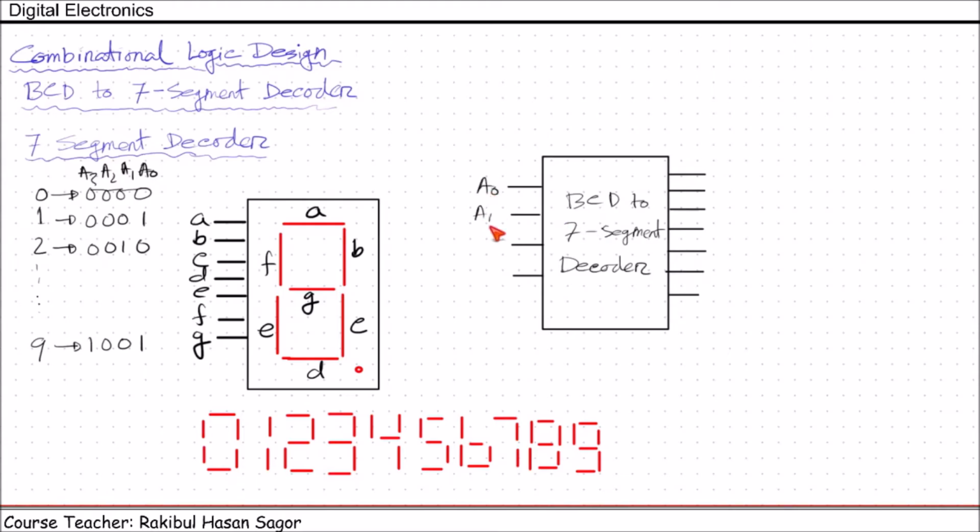Inputs are A0, A1, A2, A3. Outputs are A, B, C, D, E, F, G. Inputs are in BCD format. Whenever we say input is in BCD, that means this number can have range from 0000 to 1001.